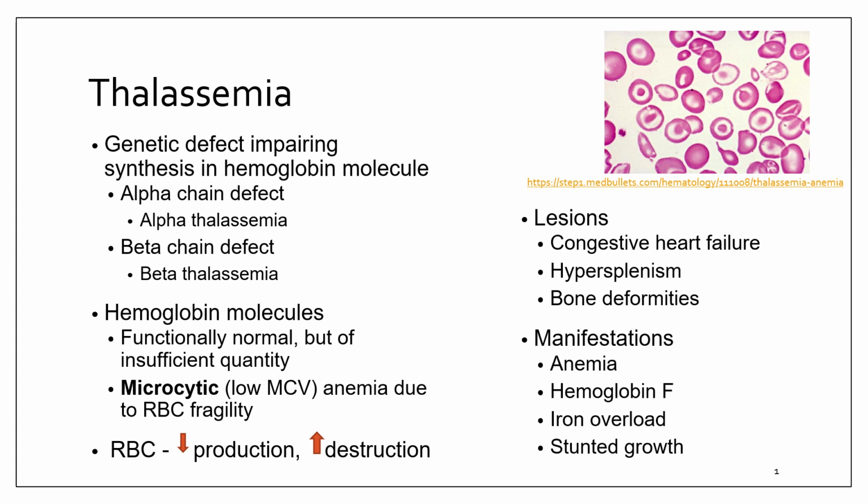Because the bone marrow is constantly trying to compensate, bone marrow hyperplasia occurs, which can lead to bone deformities, especially in severe disease. Ongoing hemolysis and increased blood volume demands can result in splenomegaly, hypersplenism, congestive heart failure in severe cases.